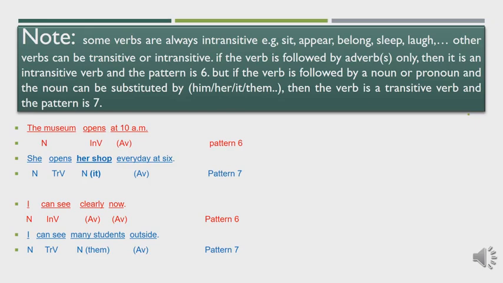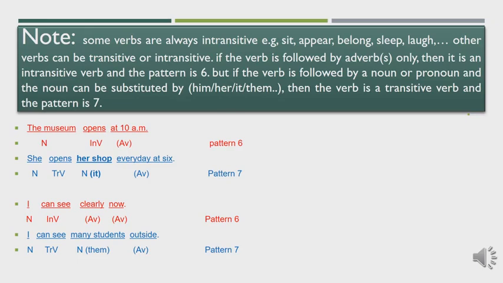In the second sentence, "She opens her shop every day at 6." Opens is followed by her shop. Her shop is a noun phrase. It is N. This N is the object of the sentence, because opens is followed by an object, and this object can be substituted by an object pronoun. Her shop, it. I can say, "She opens it every day at 6," and by it I mean her shop.